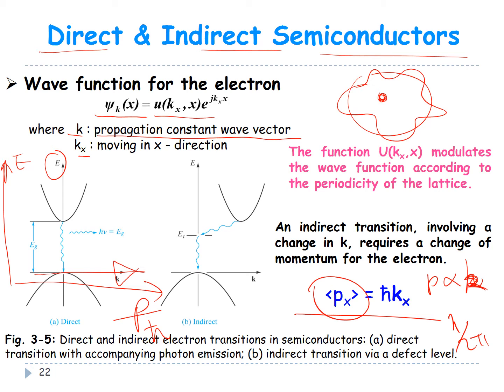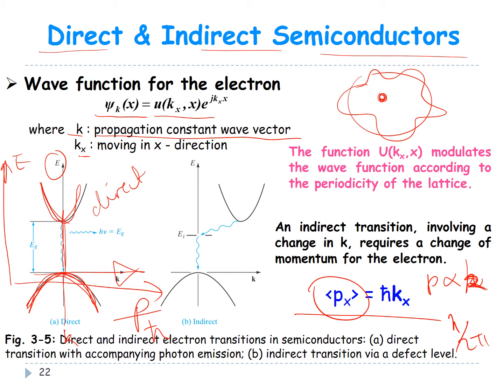So why is this important? This is important in understanding direct and indirect semiconductors. When the valence band maximum is at the same K value as the conduction band minimum, when the maximum and the minimum are aligned in K space, we call that semiconductor a direct semiconductor.